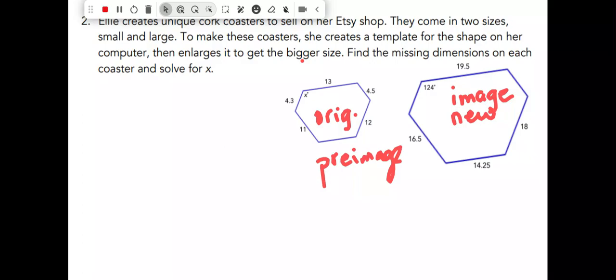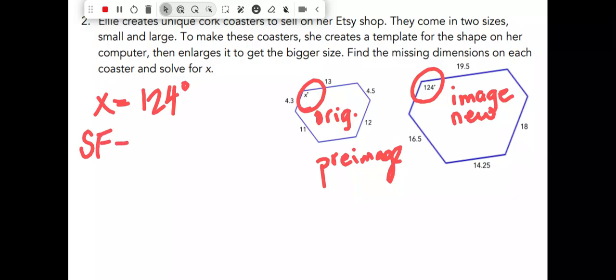Find the missing dimensions on each coaster and solve for x. Well, you know what? I'm going to start with the easiest. I'm going to look for that angle that's missing. Angles don't change in similar figures, so it's 124. Done. Doesn't change. Now I'm going to figure out the scale factor. And I'm going to take a new divided by an original.